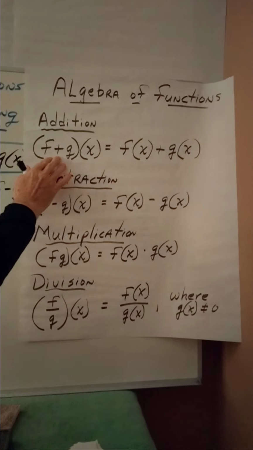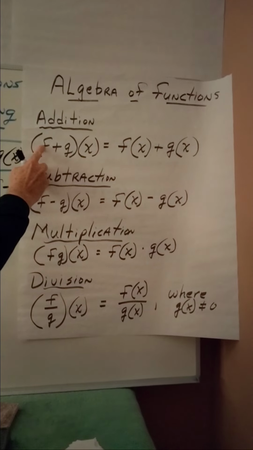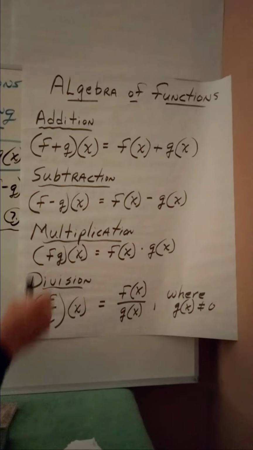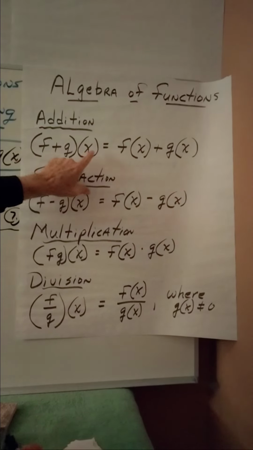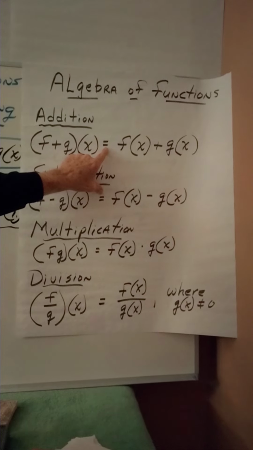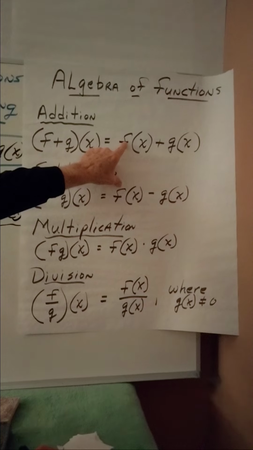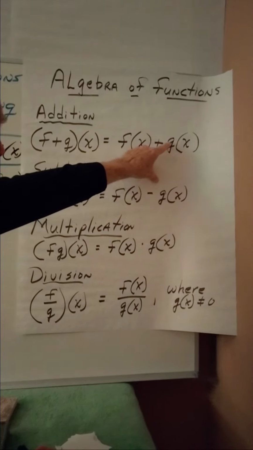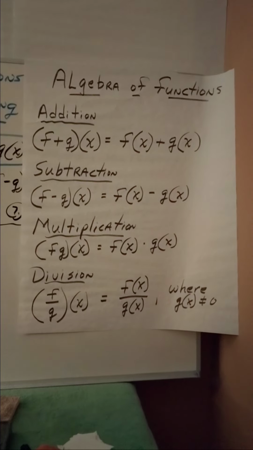The value when function f gets added to function g, when the domain is x, is equal to the value of f when the domain is x plus the value of g when the domain is x.